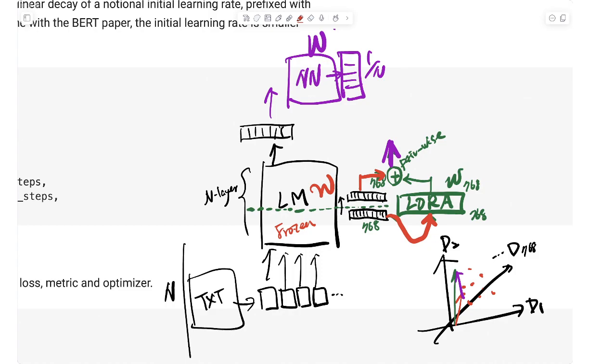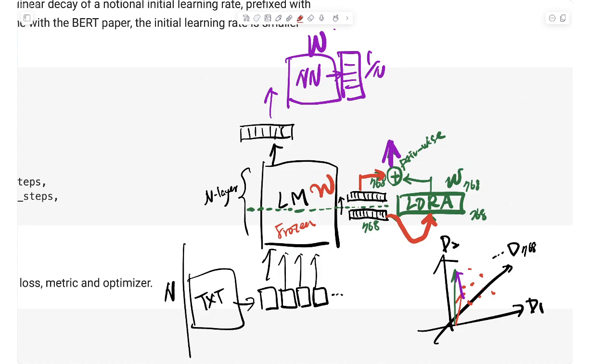So the LoRA means that originally the vector will pass to the next layer, right? So we have a black arrow right here. But LoRA means you create another neural network structure. And take a look at the red arrows.